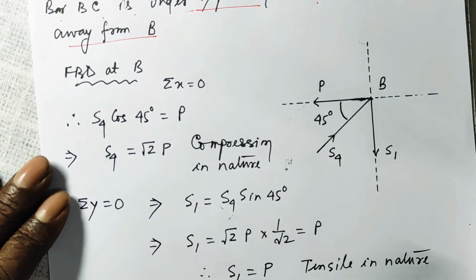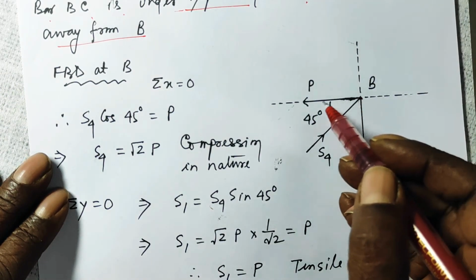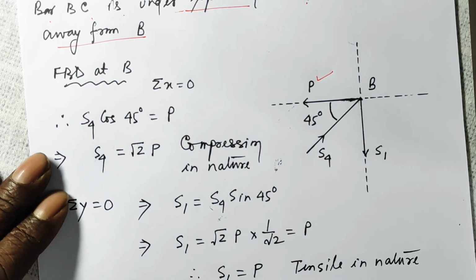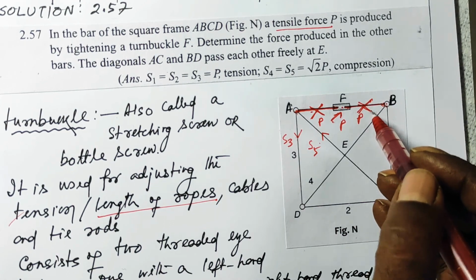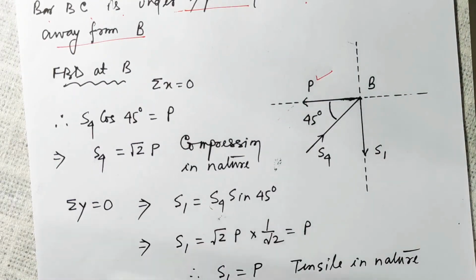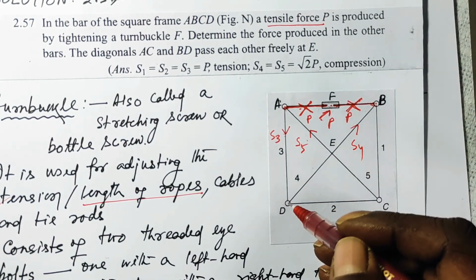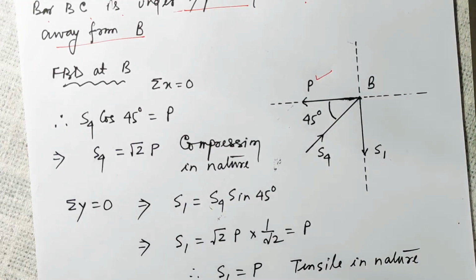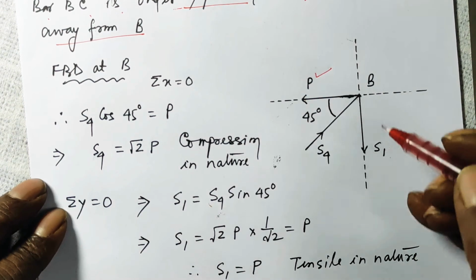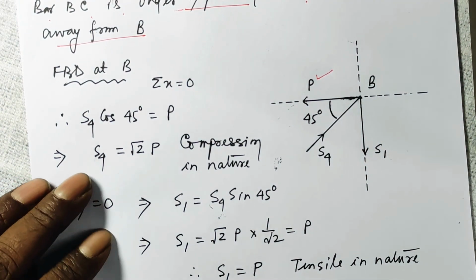Now let us apply the free body diagram at B. As you can see from here, the force P, the same P, is away from the point B, and S4, because this is the bar number 4, is towards the point B, and your S1, that is in the bar BC, is away from the point B. Now apply sigma x is equal to 0.